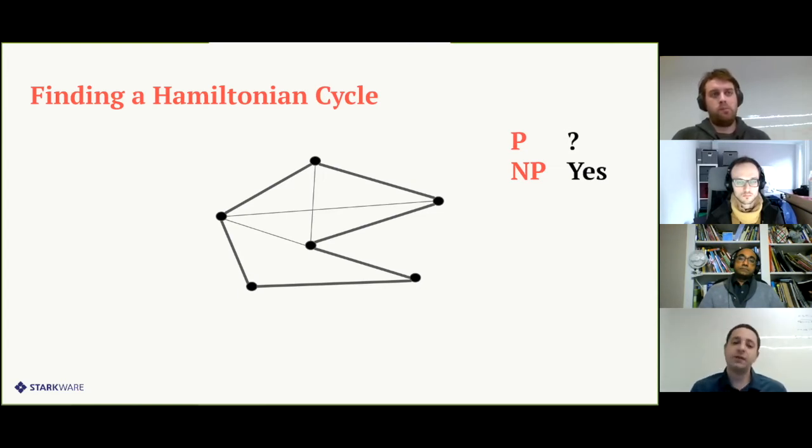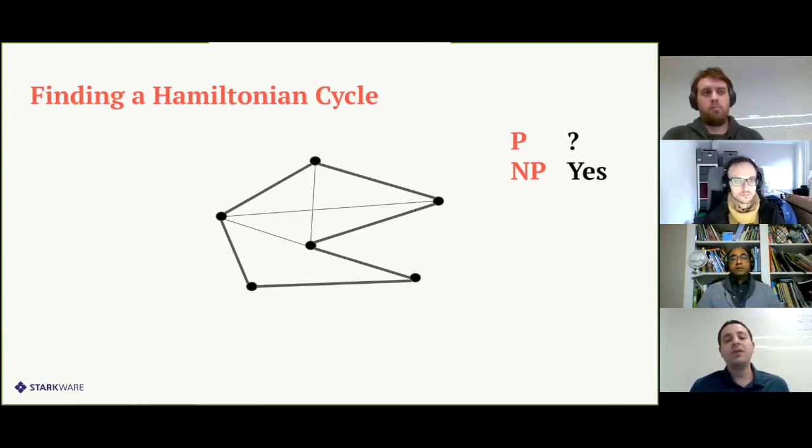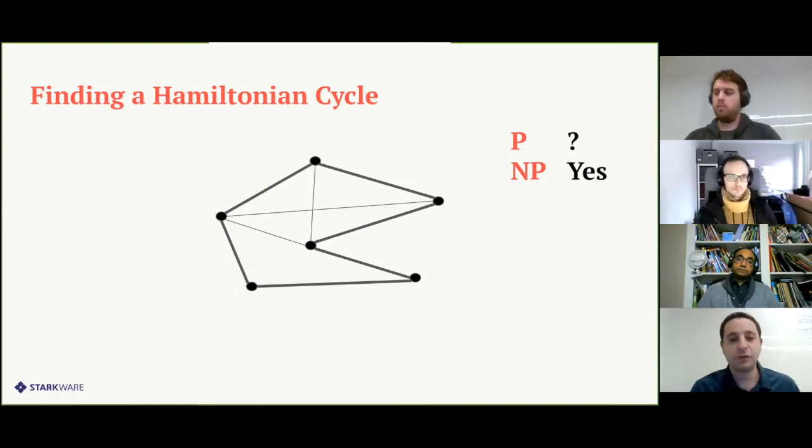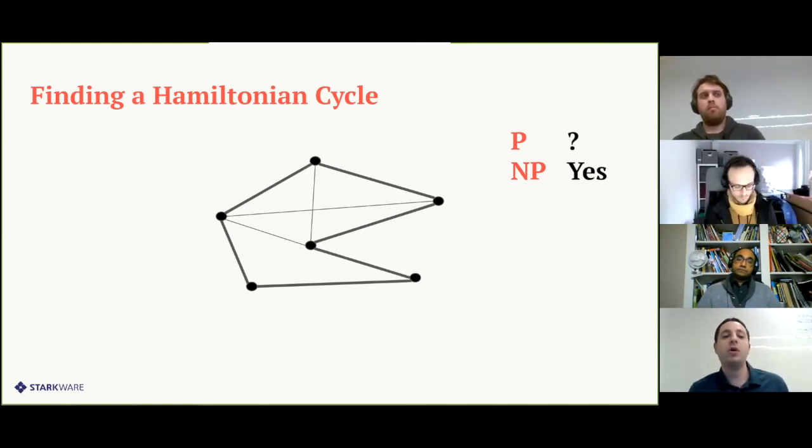One option is that you found a Hamiltonian cycle, so the coin just guided you through a valid cycle, and then you just return, hey, success, I found the cycle. The other option is that for some reason you go back to a node that you visited before finishing the full cycle. For example, you start from the first node, go to a second, and then go back to the first, even though there are more nodes in the graph.